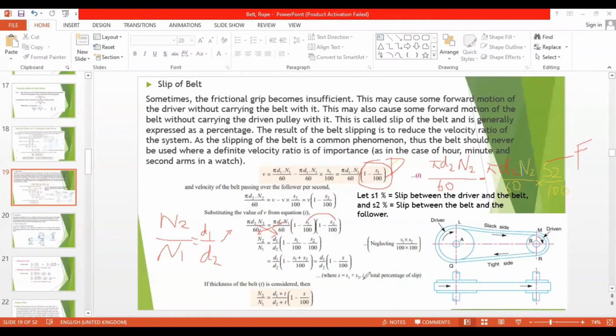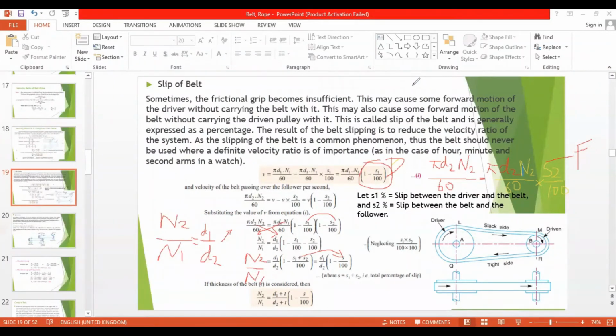If the driver's slip is 2% and the driven slip is 3%, we add them and put 5%. So S is the combination of both slips. Your final equation would be n2/n1 = d1/d2 × (1 − S/100).